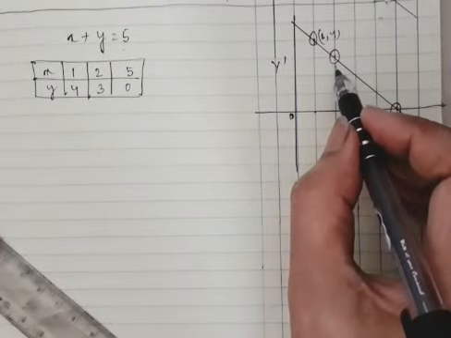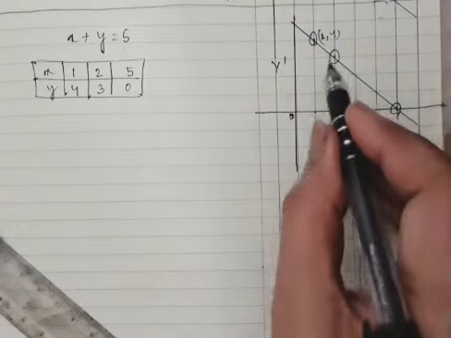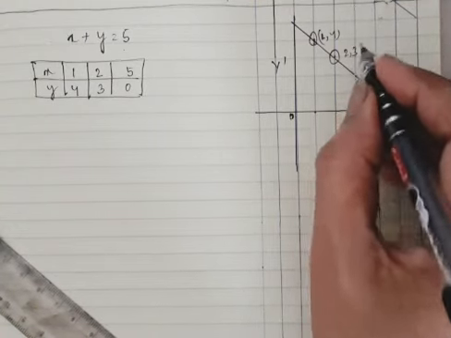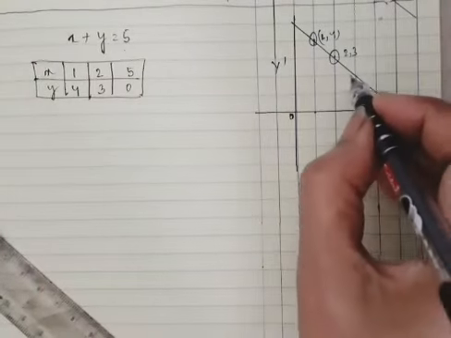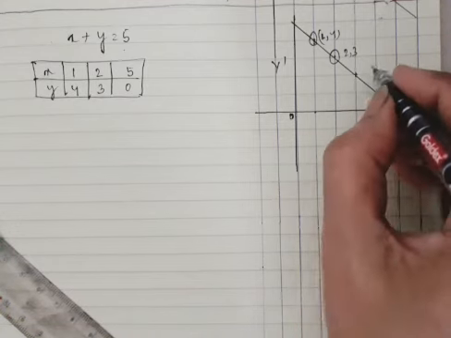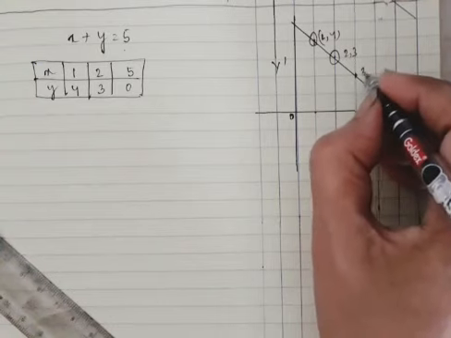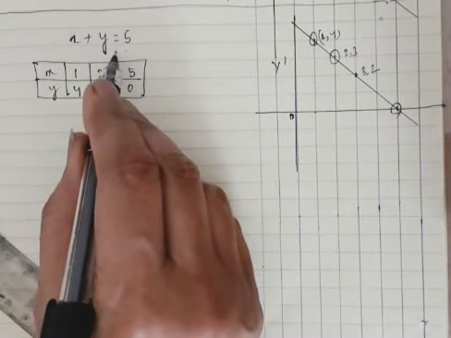Similarly, this is a point on this line. The coordinate of this point is 2, 3, or we can say this 2, 3 is a solution to this linear equation. Similarly, if you take any point on this line and find its coordinate, for example 3, 2, this 3, 2 is a solution to this linear equation.